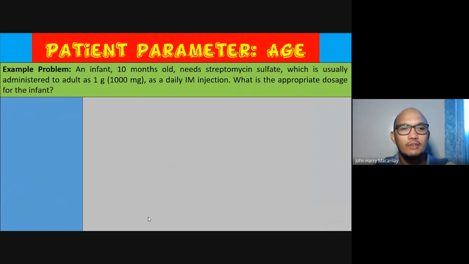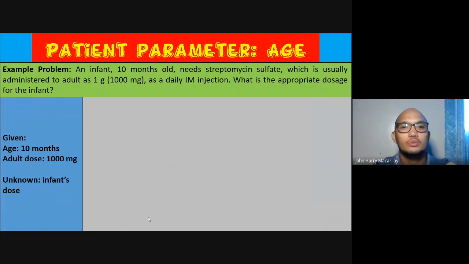Let's determine the given and identify what is unknown. The given is the age of the infant, which is 10 months, and the adult dose of the drug, streptomycin sulfate, which is 1,000 milligrams. What is the dose for an infant if the age is 10 months old, relating it to an adult dose of 1 gram or 1,000 milligrams?